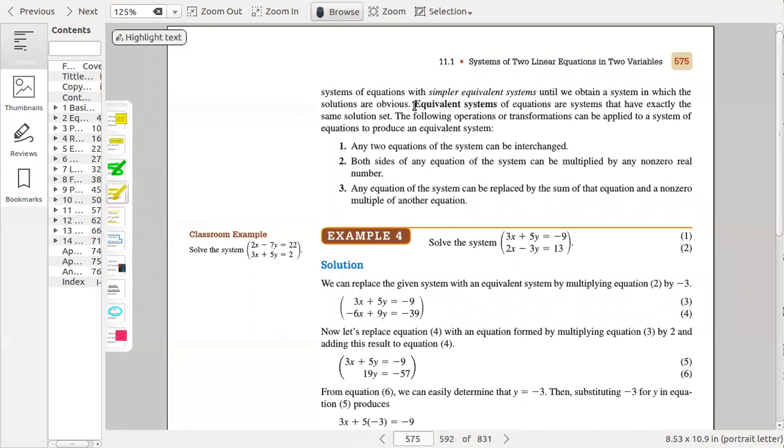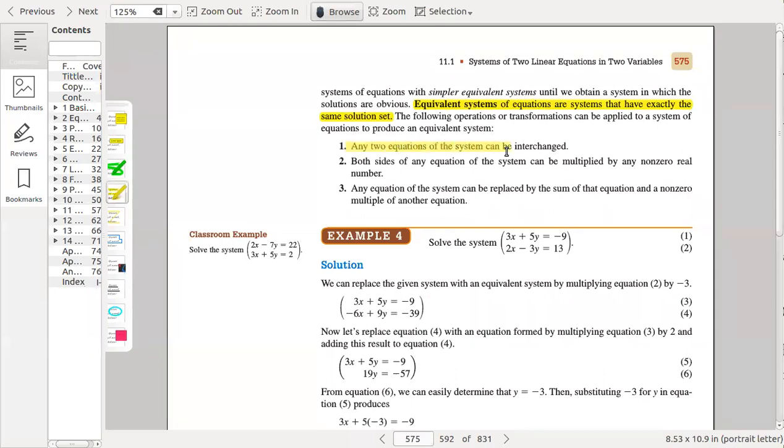So here we can remember, what is an equivalent system? Equivalent systems of equations are systems that have exactly the same solution set. The following operations or transformations can be applied to a system of equations to produce an equivalent system. The first one is any two equations of the system can be interchanged.